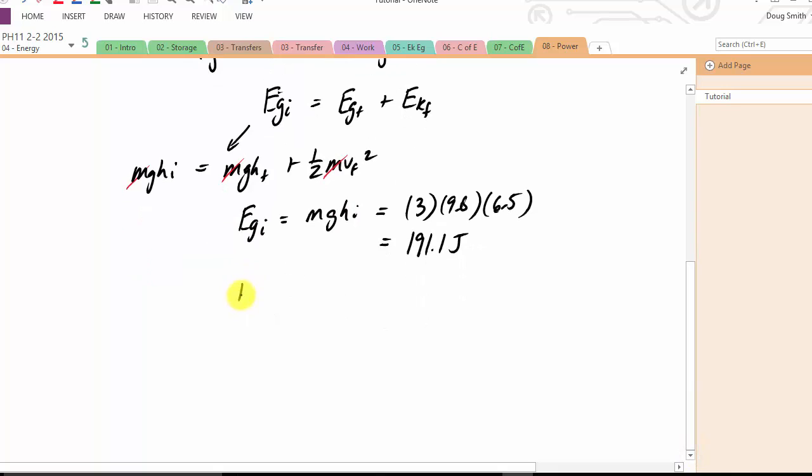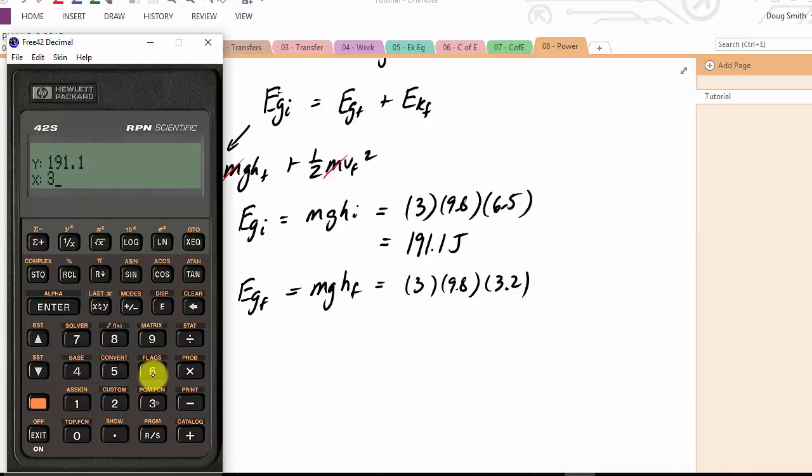And then for E_g final, very similar: 3, 9.8, 3.2, which gives 94.08.